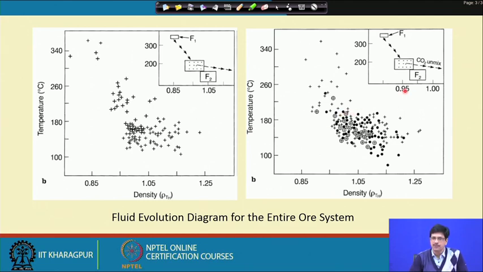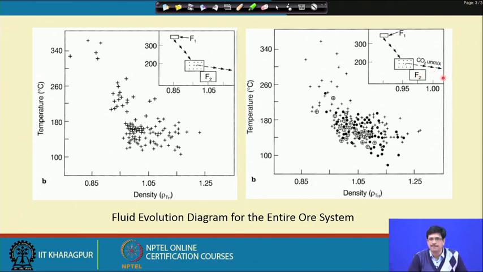So, the occurrence of pure aqueous and pure carbonic inclusions testifies to this kind of unmixing process, and very elegantly explains that this mixing process brought about the deposition of the quartz sulphide ores, but after that the fluid unmixed because of a further drop in temperature and pressure, changing from lithostatic to hydrostatic conditions, where the unmixing took place and the fluid became more saline with this unmixing process.